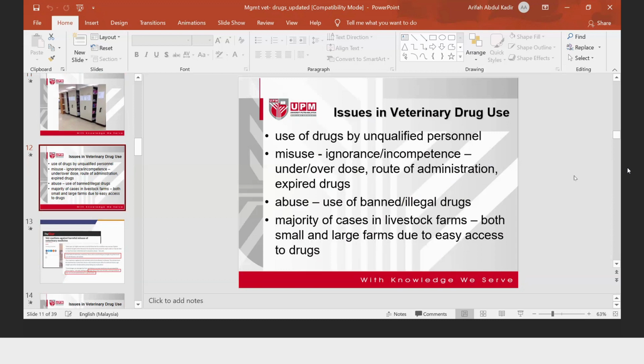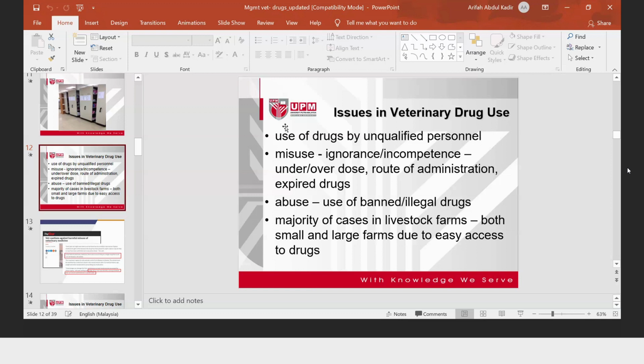So what are the issues in veterinary drug use? So there are many lah. Okay, I just wrote here a few. So use of drugs by unqualified personnel. Sometimes in the farm, you have the manager who gives the drug and so on, without knowing the benefit, or how long it should be used, or what is the important route of administration and so on.